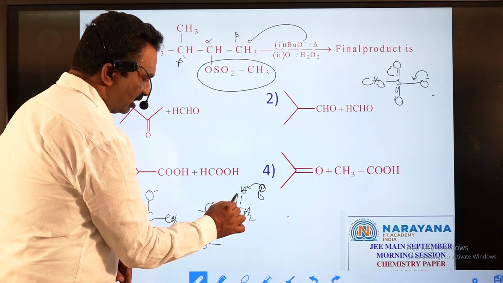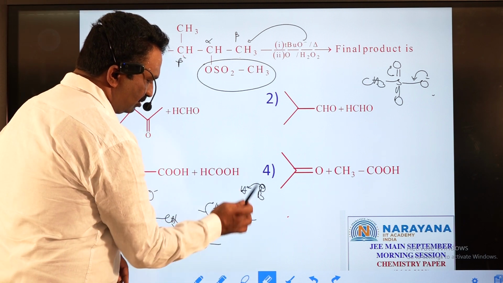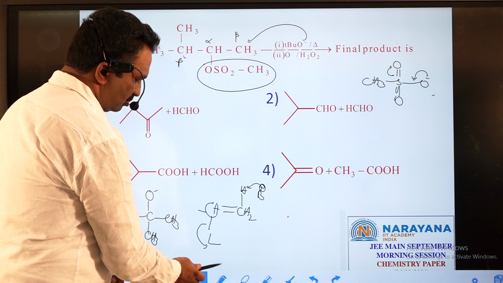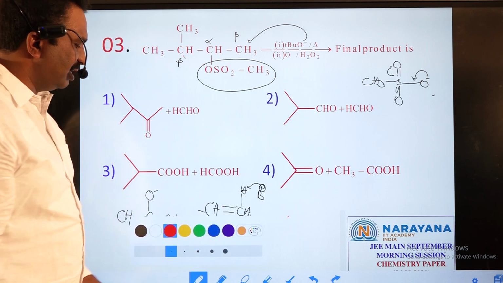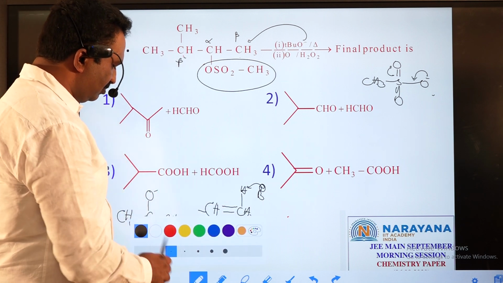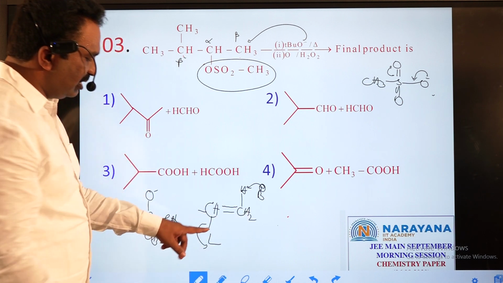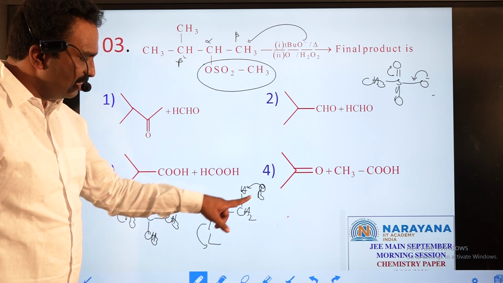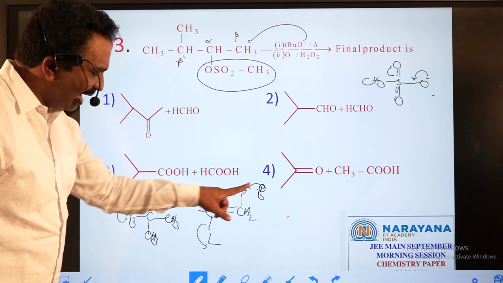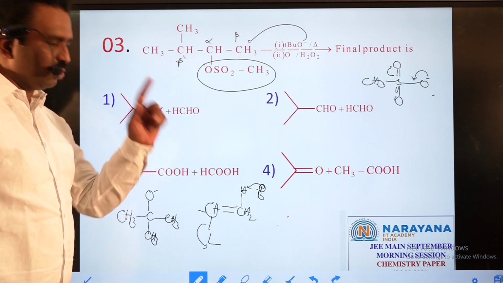So here this is not a full double bond, it is just a partial bond. Now you can see in this case the base is adding at the same time the leaving group is releasing.